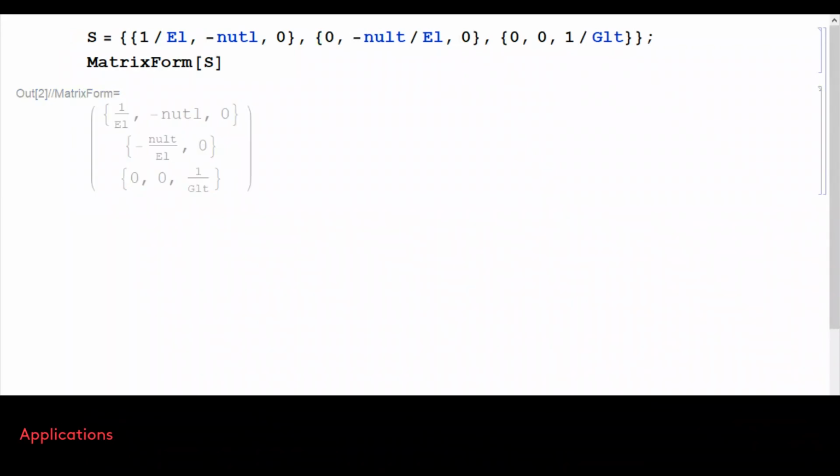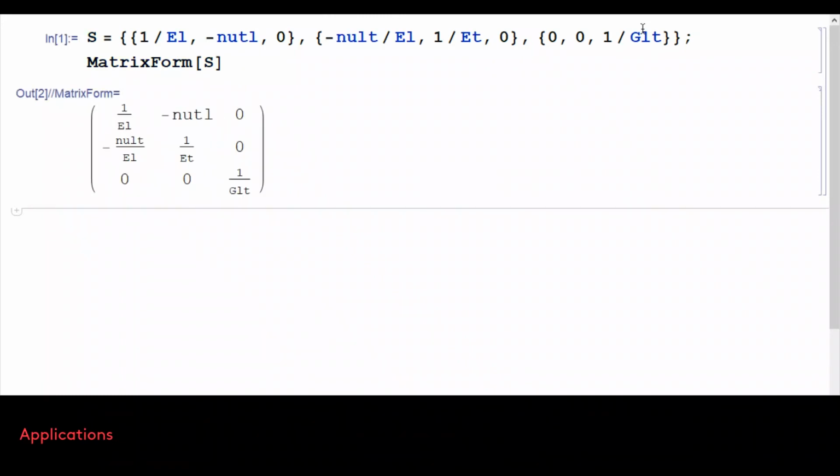I forgot to write, so there is 1 over ET. ET is the Young modulus in the transverse direction. So let me clear the memory once more and then I will continue. Okay, now this is my compliance.